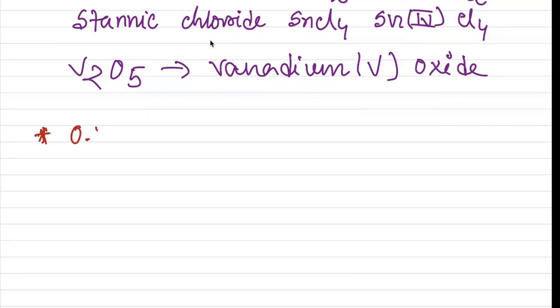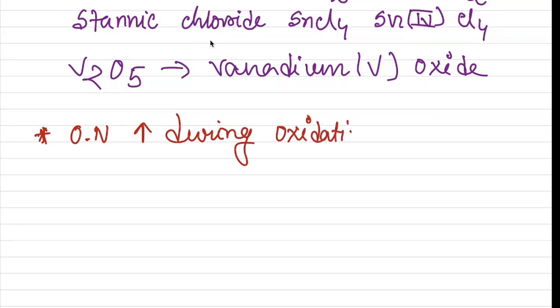Now, a very, very important thing you have to remember: oxidation number increases during oxidation. Let's take one example. When carbon and oxygen react with each other, they form carbon dioxide, right?